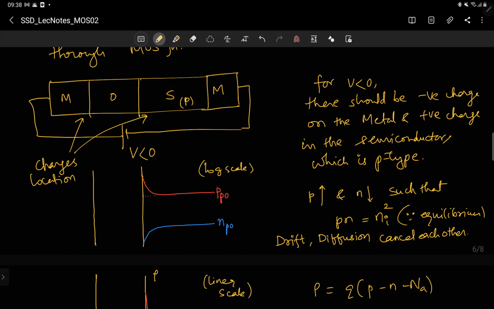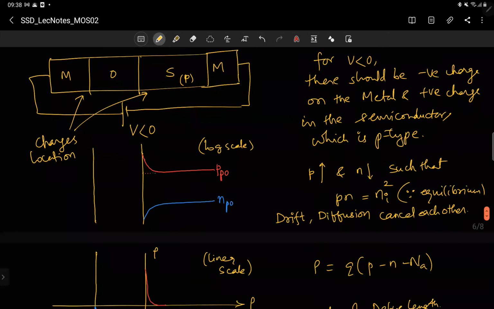Why? Because p increasing implies n decreasing, since pn is equal to ni squared. Why? Because the MOS junction is in equilibrium. Even under applied bias, the MOS junction is in equilibrium, so pn is equal to ni squared. So if p is increasing, n is decreasing such that pn is ni squared.